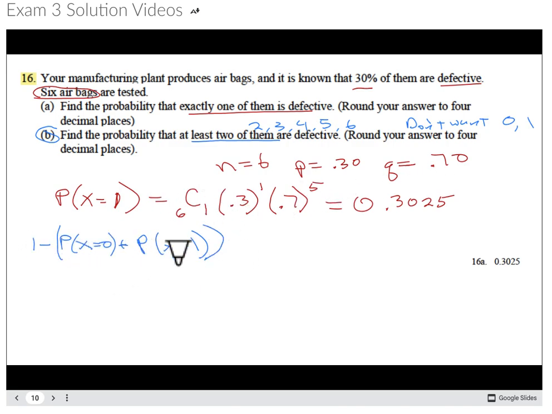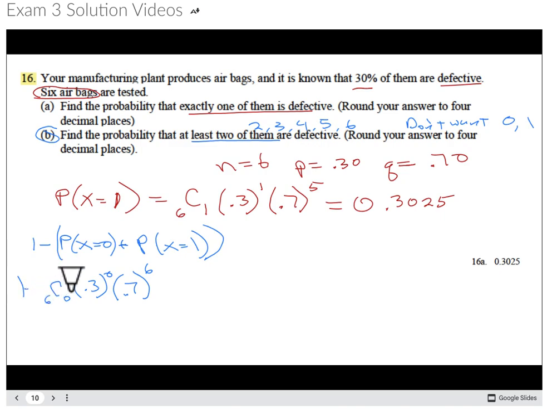So using the same format, probability of 0 defective is going to be 6 choose 0. Again, that's 1, so if you want to be faster, you could just get past it. It's going to be the probability of a failure, 0.3 to the 0 power. That's also 1, so you could leave it off, but I like to just put everything, and then 6 that were not.